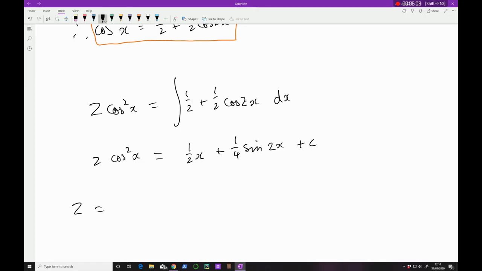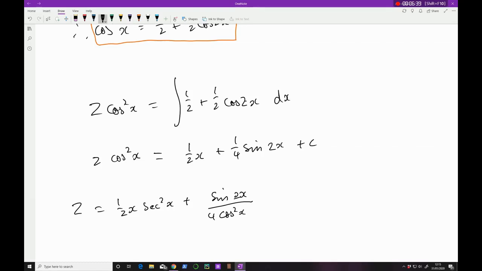So z equals, well, let's make it easier for ourselves. So that's going to be a half x sec squared x, because 1 over cos squared is sec squared, plus sine 2x over 4 cos squared x.